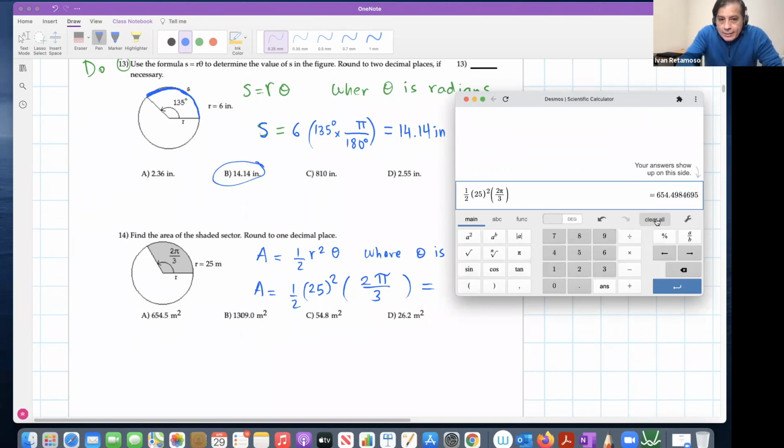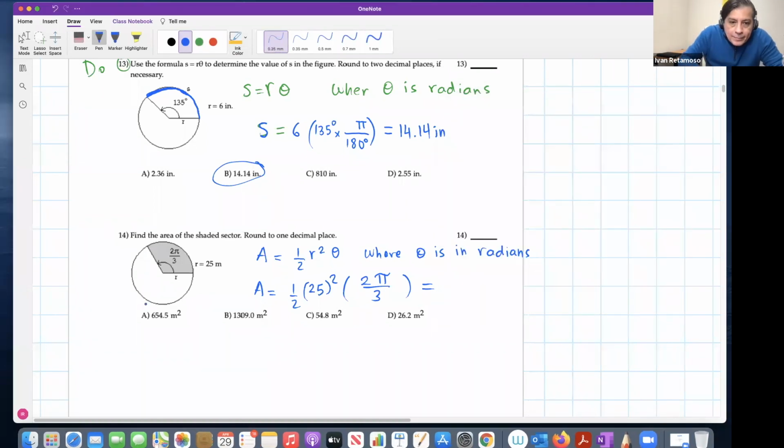So I guess 654.49. Rounded to 1 decimal place is 654.5. In the end, feel free to attach the units. They're dealing with meters, so the area should come out in square meters.